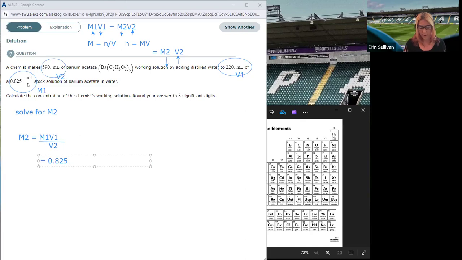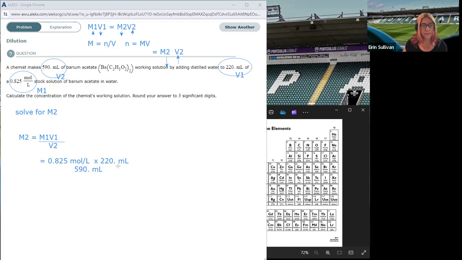So my initial concentration is 0.825 moles per liter. My initial volume is 220 milliliters, and I'm dividing that by V2, which is 590 milliliters. See how the milliliters cancel out.